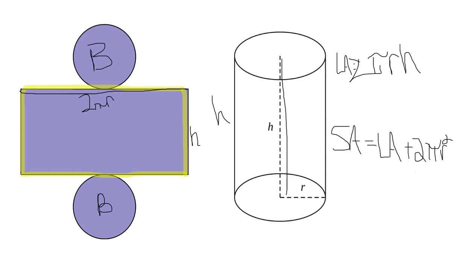And in a cylinder, we have lateral area, which is 2 pi rh, 2 pi r being the circumference around the circle. That's the perimeter, or the distance here on this rectangle, times its height, 2 pi rh, and for surface area you want to add on the two circles, which is 2 times pi r squared.